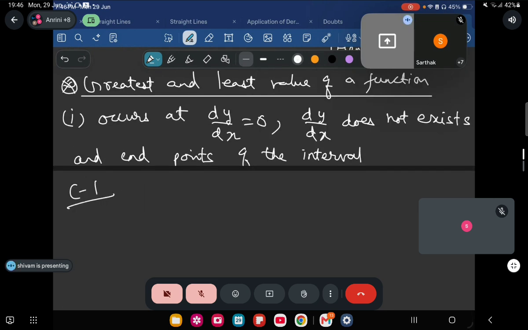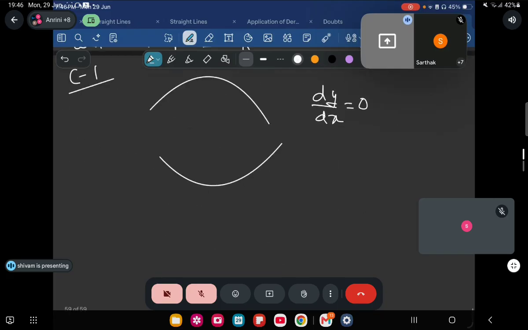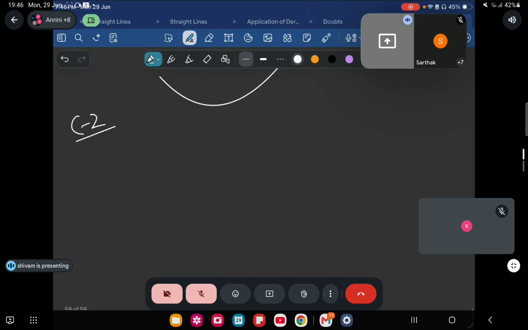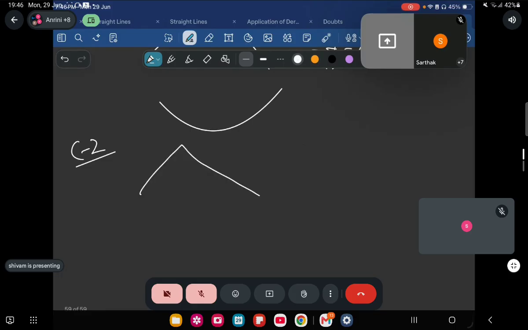Case 1, in these cases, we'll get dy by dx equal to 0. That means if the function is differentiable. But in case when the function is non-differentiable, over here dy by dx does not exist.